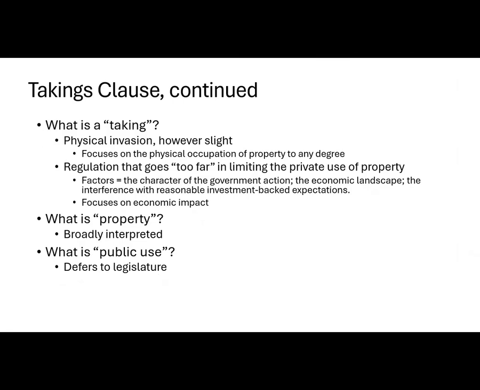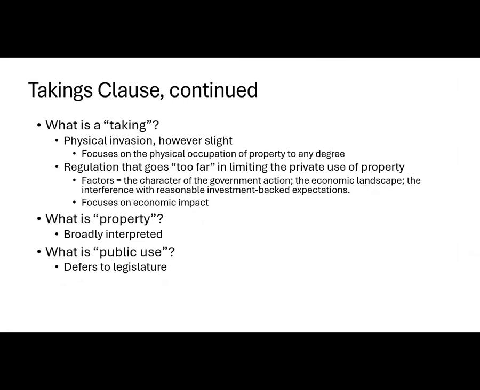Even if a private business is taken by the government for the use or operation of other private businesses, that taking could still be considered a public use depending on the circumstances. And that's an area where we find some controversy. You'll see an example in your textbook when you read Chapter 10.